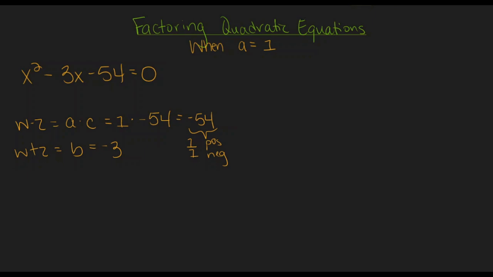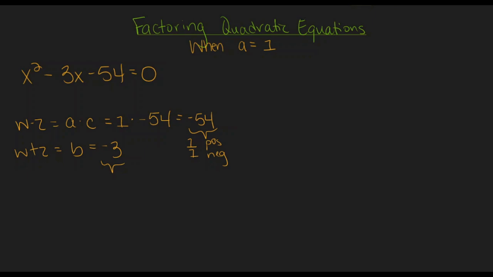And the only way that we can have two numbers multiply together and create a negative product is if one is positive and one is negative. So thanks to the product of W and Z, I know that I'm looking for one positive magic number and one negative magic number. Then the sign of B tells me the sign of the magic number that is further away from 0.